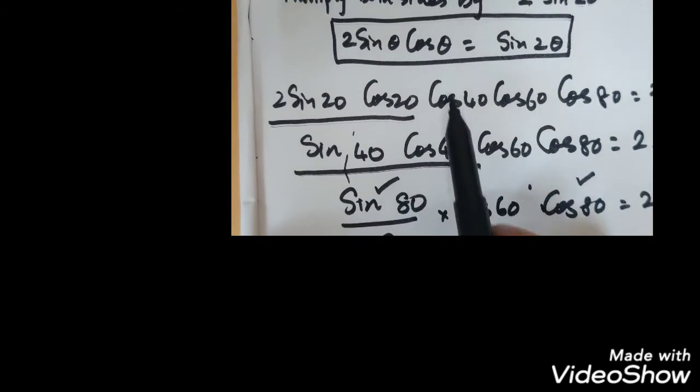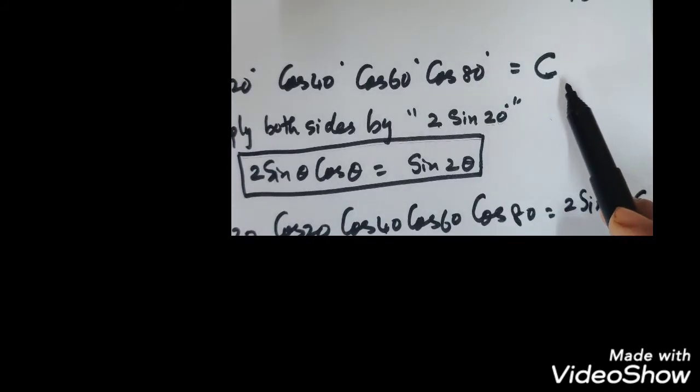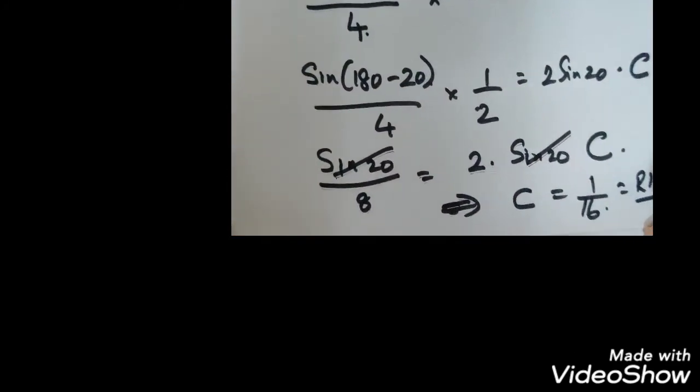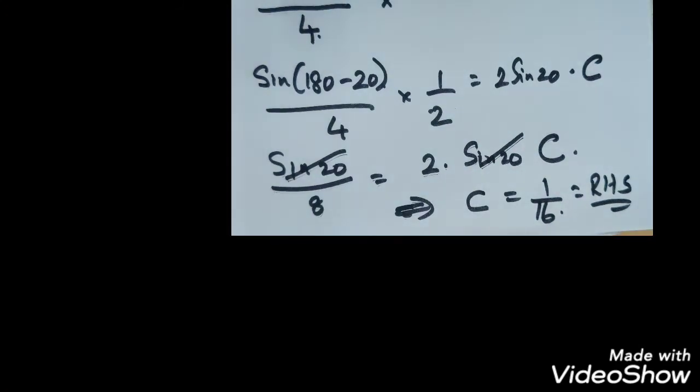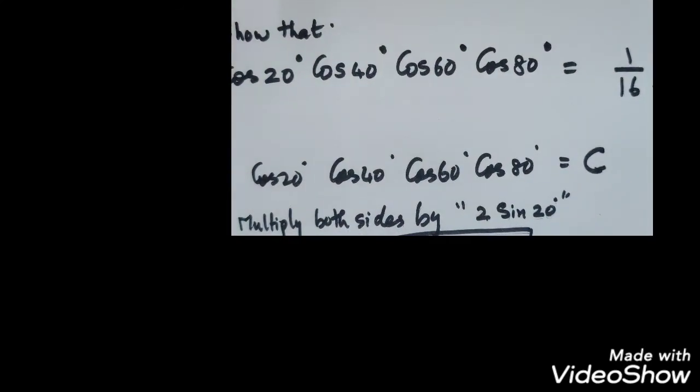And then we took everything on the left hand side, and we said that whatever was c here, which we initially took as c, is nothing but 1 by 16, which is what we had to prove. So finally we have arrived at the answer where c is 1 by 16, which is nothing but cos 20, cos 40, cos 60, cos 80 is equal to 1 by 16, which was the question that was given initially for us to prove.